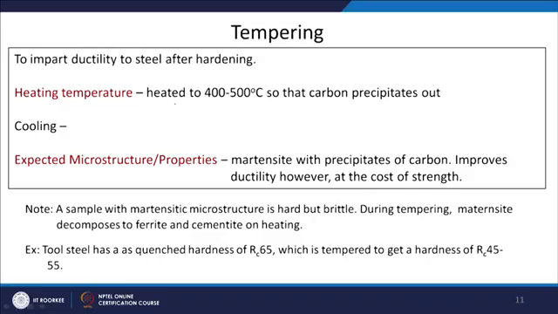So, to impart some ductility to steel after hardening, we do a heating at around 400 to 500 degrees Celsius, so that carbon precipitates out. As I told you, if you remember, martensite is a metastable phase. So, if I take it to a somewhat higher temperature, it will dissociate into two stable phases, which are ferrite and cementite.